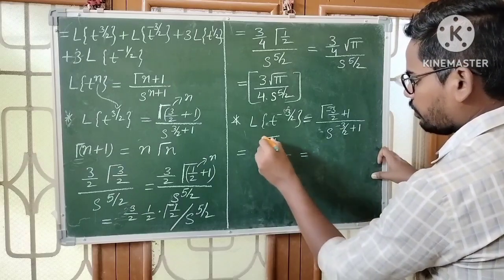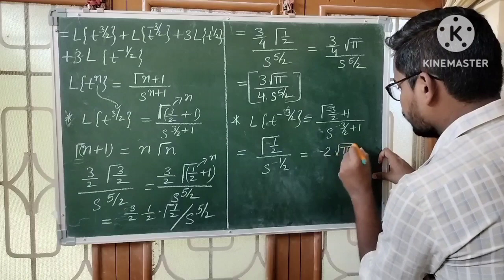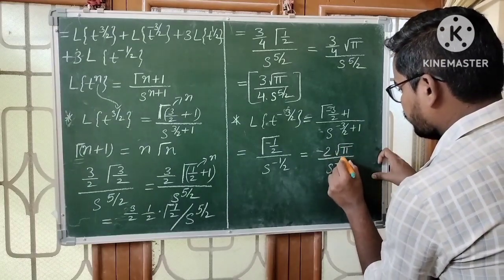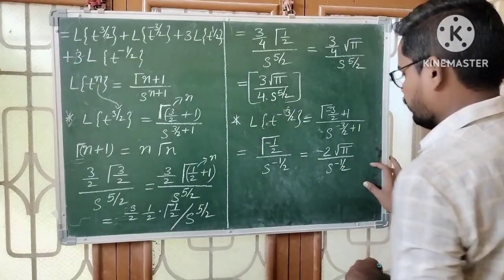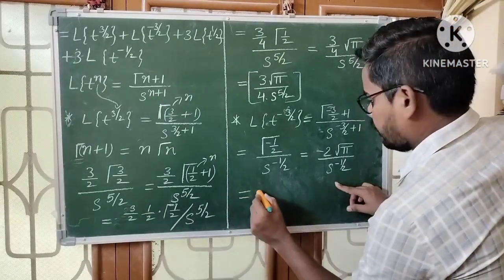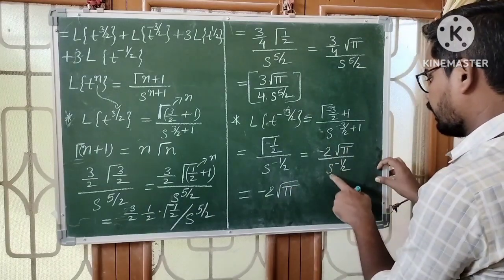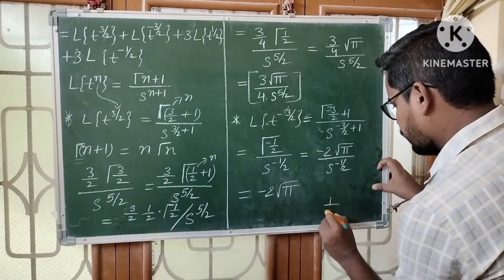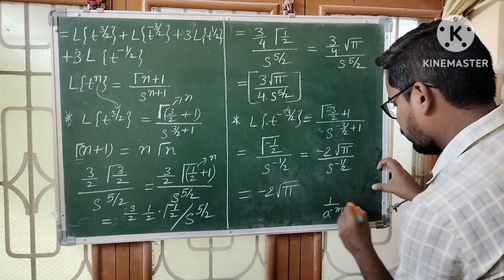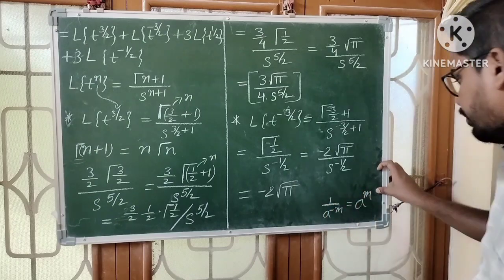So gamma minus 1 by 2 is equal to how much? Minus 2 root pi. Minus 2 root pi by s power minus 1 by 2. Or we can write it as minus 2 root pi. So we know that 1 by a power minus m is equal to a power positive m, again exponential powers.